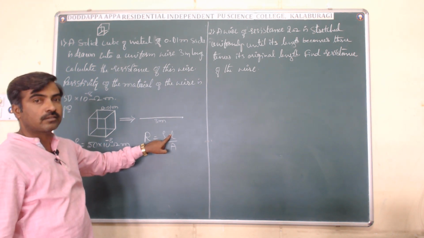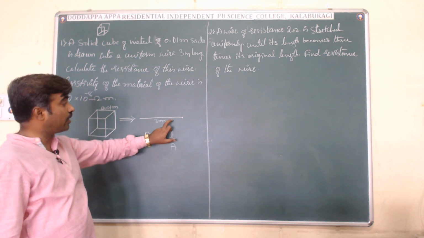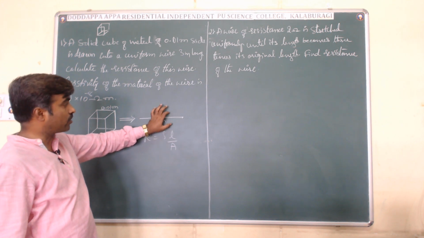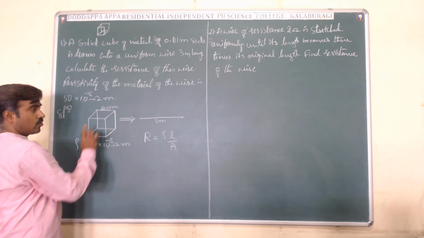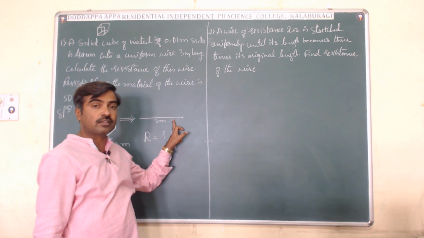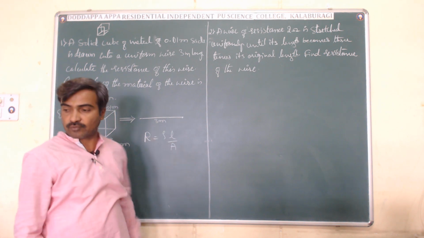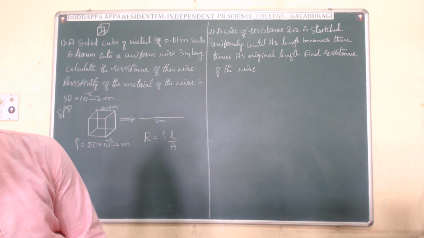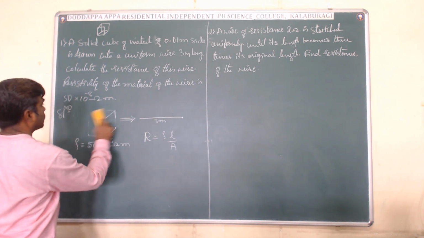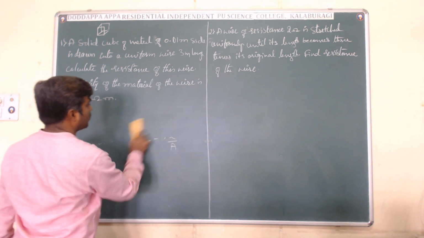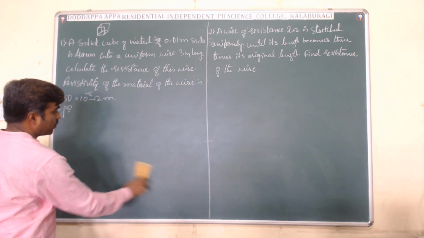Now the length we have to take as 3 meter, whereas the cross sectional area, because we have to calculate the resistance of this material, whether the resistance of this cube or of the length of the wire, we have a confusion. So to avoid this confusion, we calculate the volume of the cube.